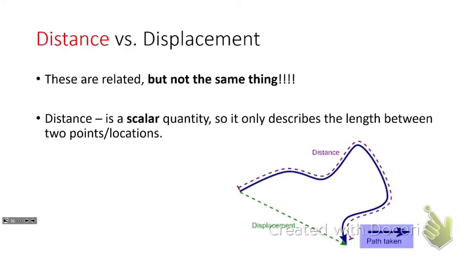Now we're going to talk about distance versus displacement. Distance is a scalar quantity. It only describes the length between two points and location. It is the length traveled to get to a particular location.